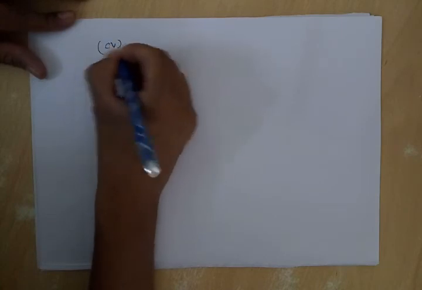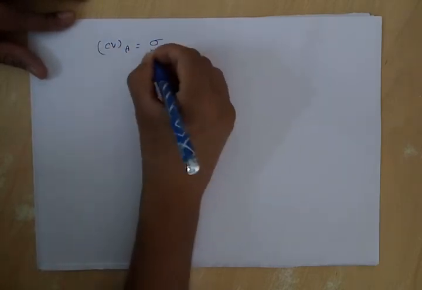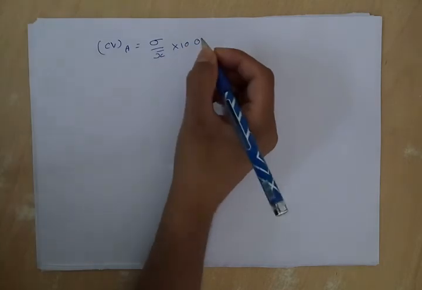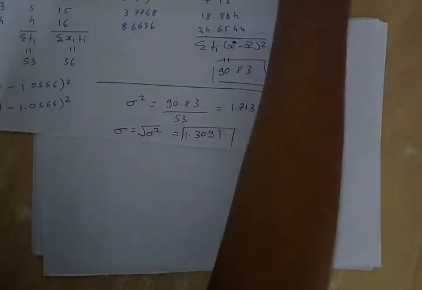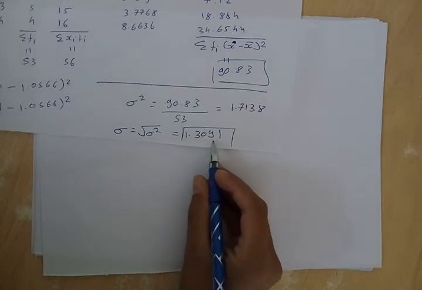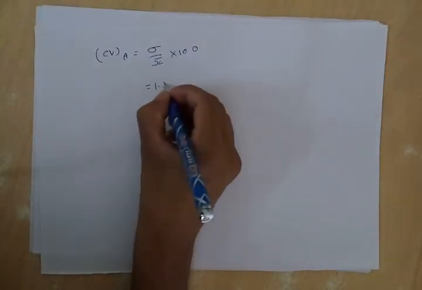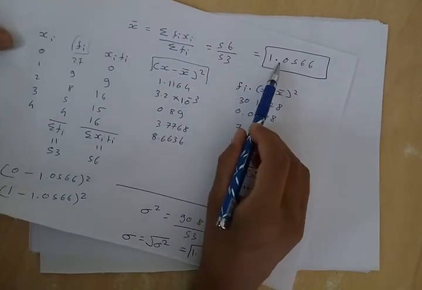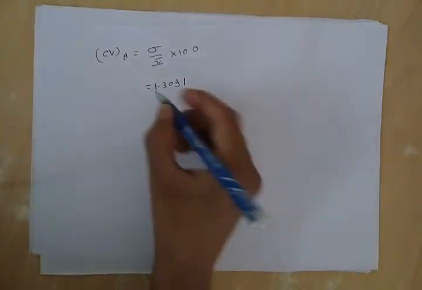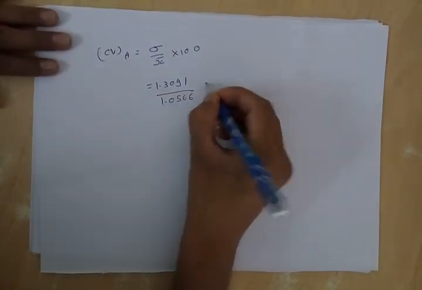Let me use another page. Coefficient of variance for team A is equal to sigma by x bar times 100. Now sigma, that we have calculated, is 1.3091, and x bar is 1.0566, times 100.